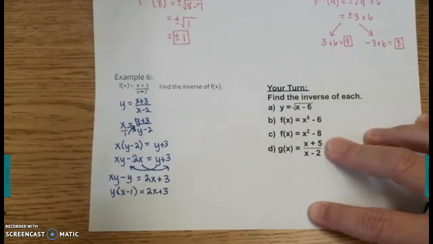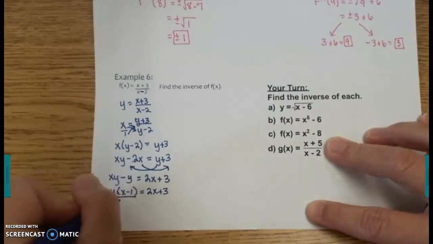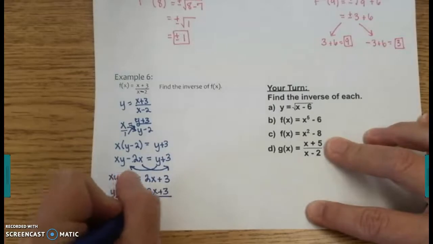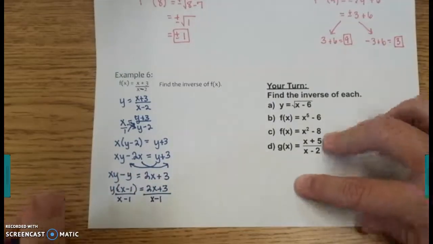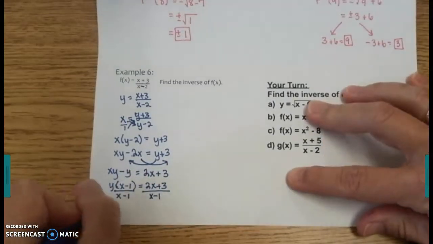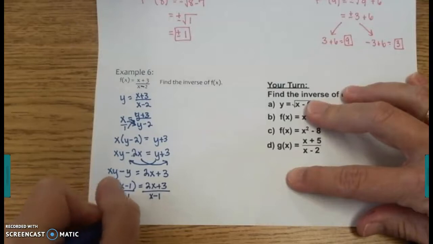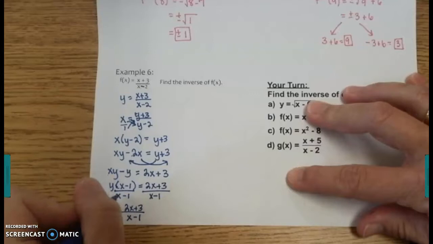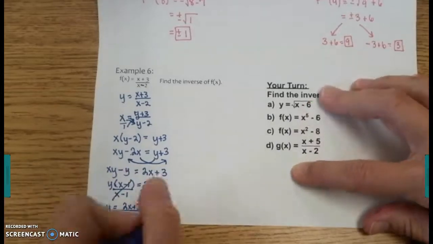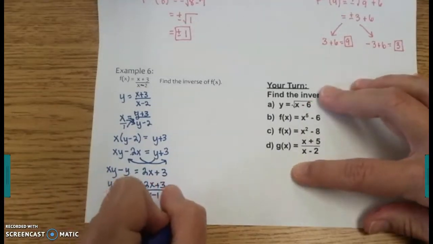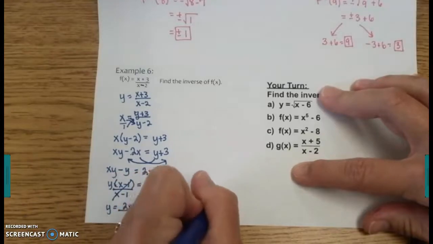Remember, your goal is to get it by itself, so we can divide by this whole piece. So you've got y equals 2x plus 3 over x minus 1, because those are going to cancel out. And then last step, rewrite it.